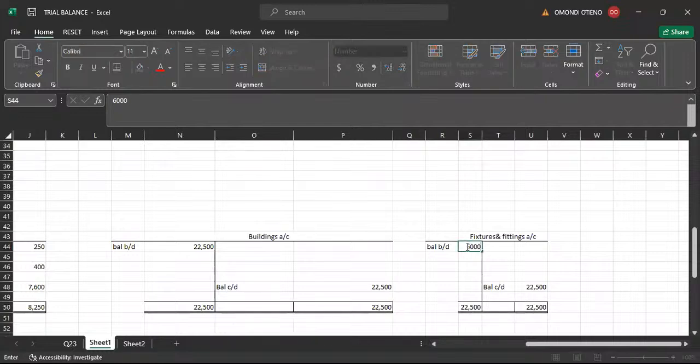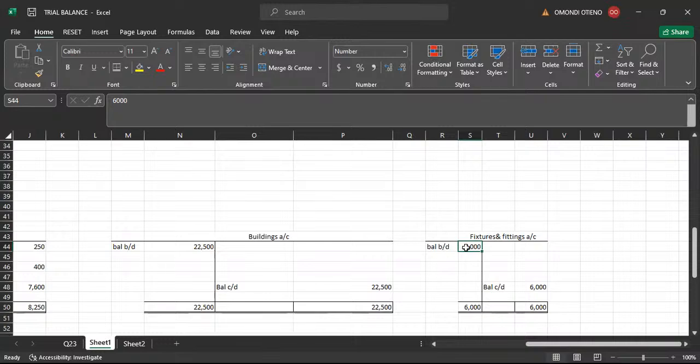6,000. Then this 6,000 here is the cost, but it has been depreciated up to or by 1,400. So our balance brought down in this account, the net book value of this asset, should be 6,000 minus 1,400.